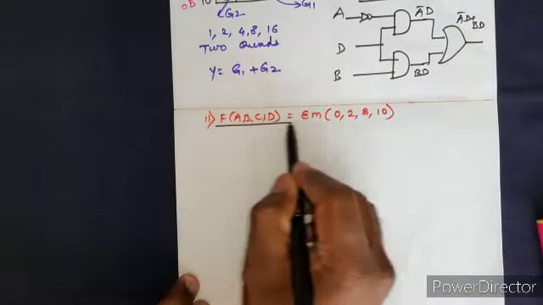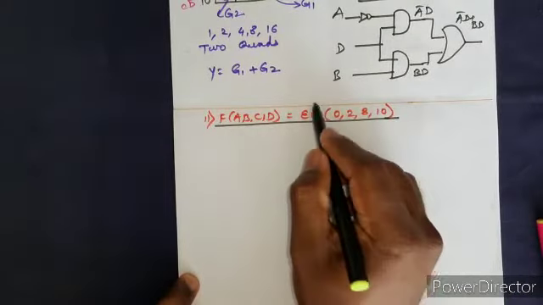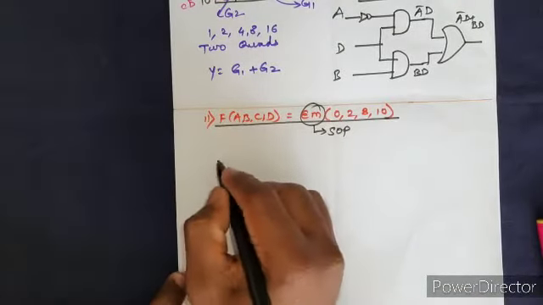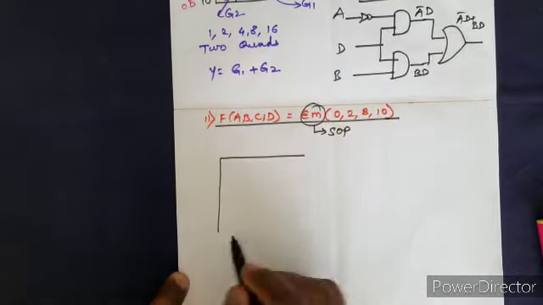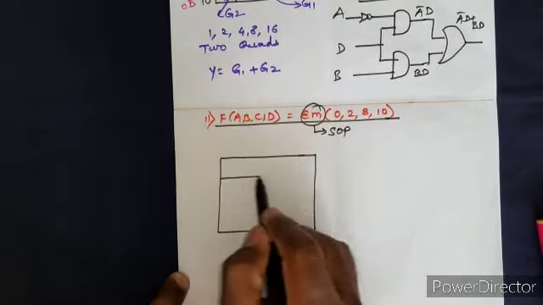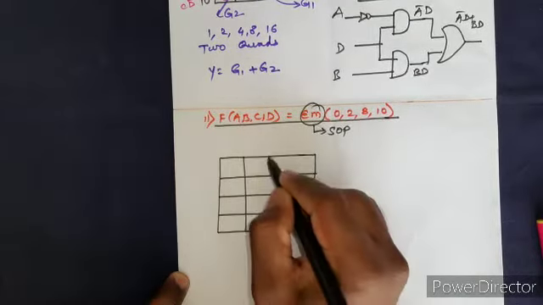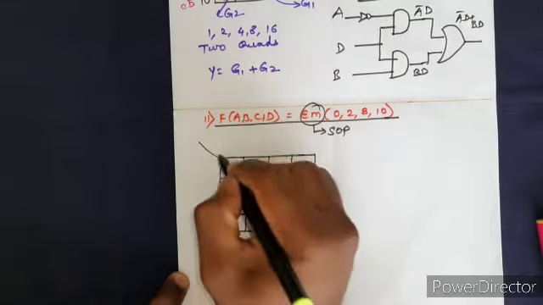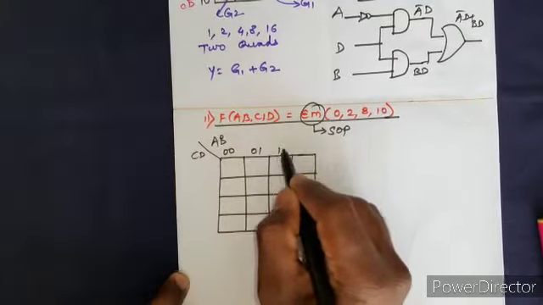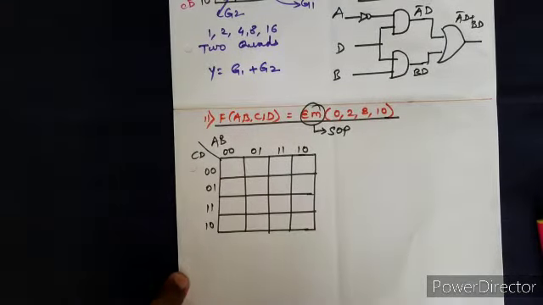Now this is a very interesting case, this example. Let's see this. So again 4 variable and SOP. So just drawing a 4 variable K-map. This is A, B, C, D, 0, 0, 0, 1, 1, 1, 1, 0, 0, 0, 0, 1, 1, 1, 1, 0.